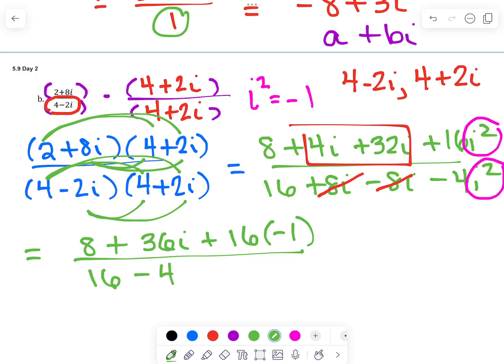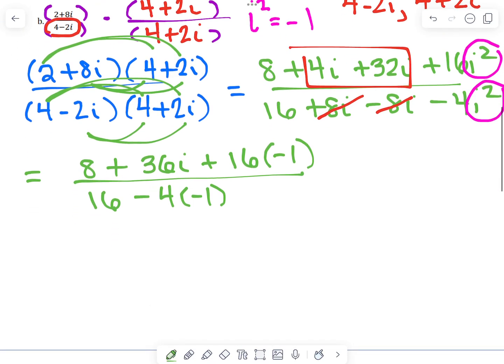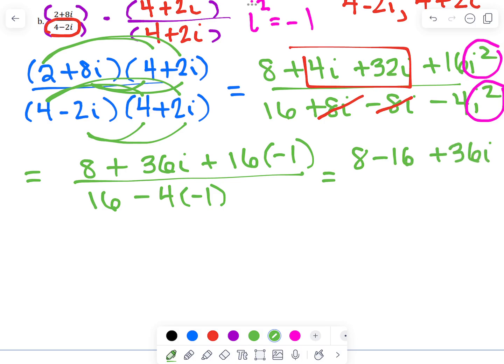We replace the i squared with negative 1. Continue simplifying. So we have 8, and then 16 times negative 1 is negative 16, plus 36i. In the denominator, 16, and then negative 4 times negative 1 is positive 4.